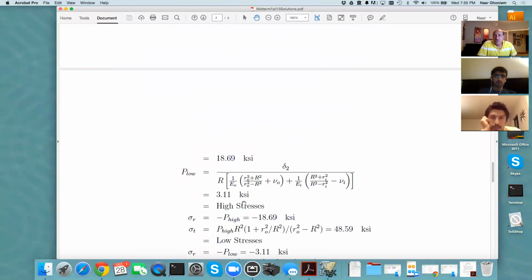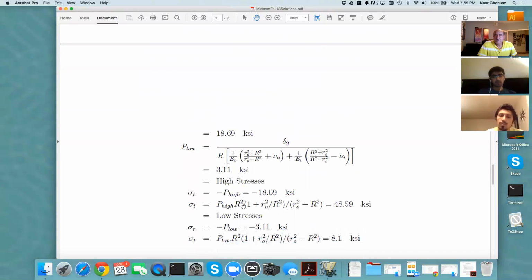Once we now know the pressures at the interface, then we treat them as cylinders. And for the cylinder, we have an equation for the stresses. If you have an inner pressure and outer pressure on a cylinder, then you can use the corresponding equation. For example, the tangential stress is P R squared times 1 plus R outer squared over R squared, divided by R outer squared minus R squared.